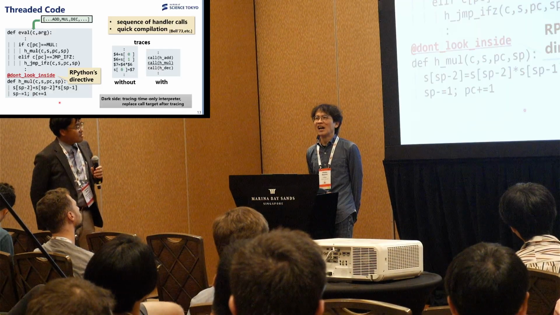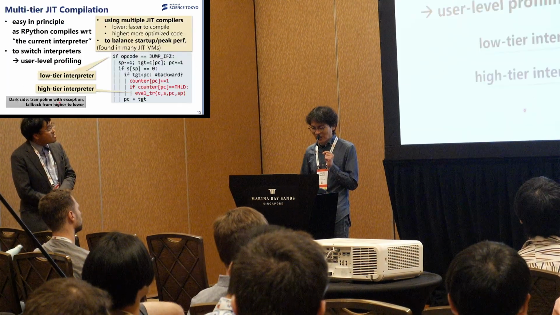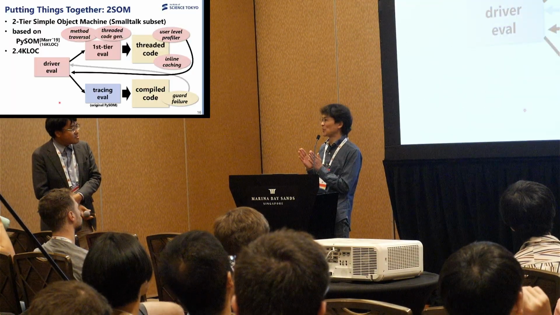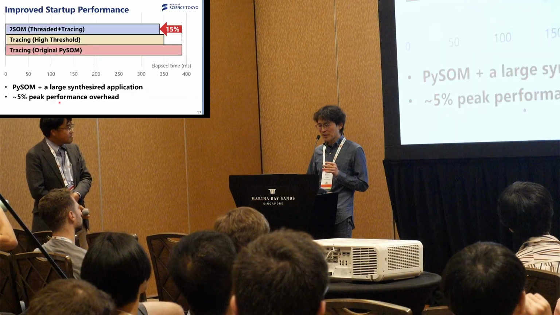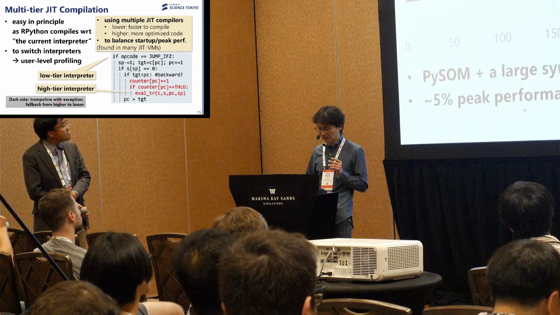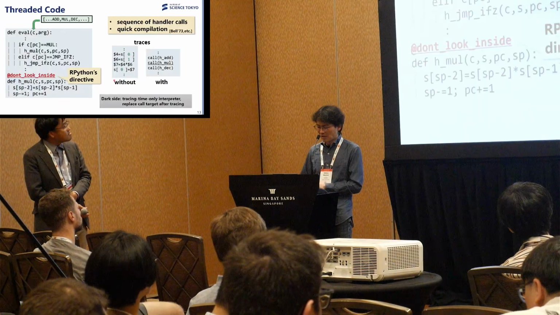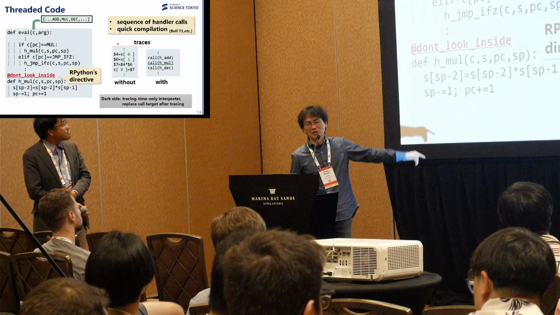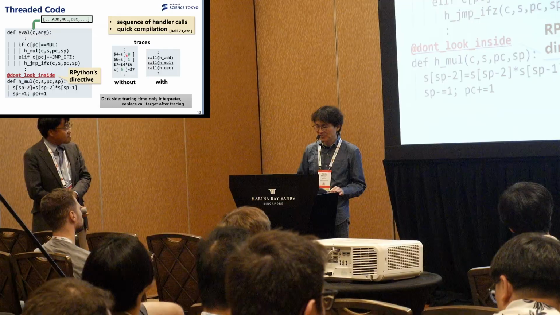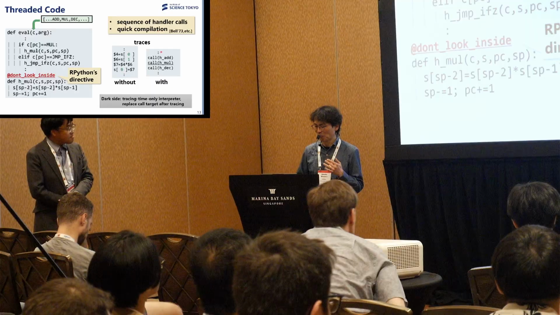Oh, I see. I did a bad job of explaining, but threaded code is basically good for faster compilation. For the backend of RPython, compiling this trace takes much longer than compiling this trace.